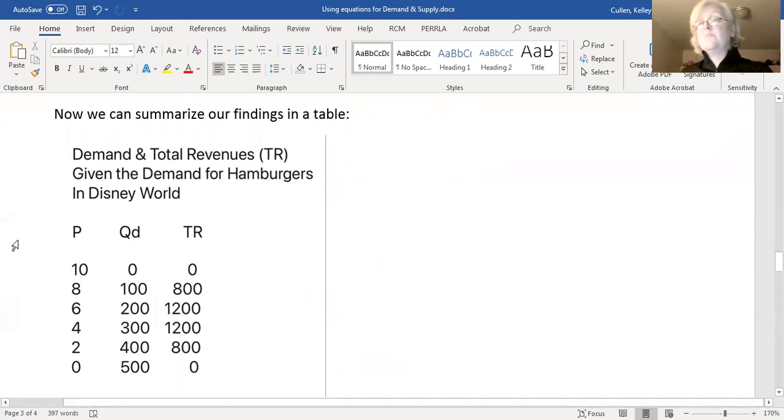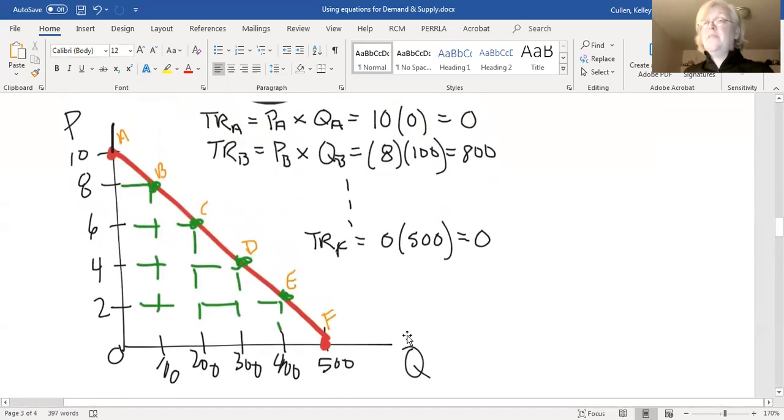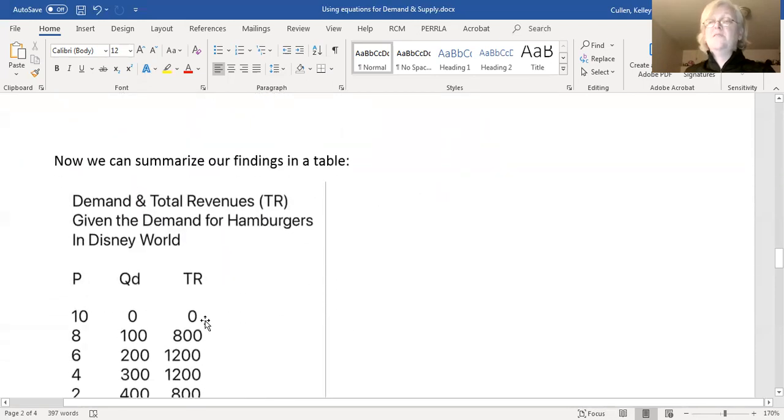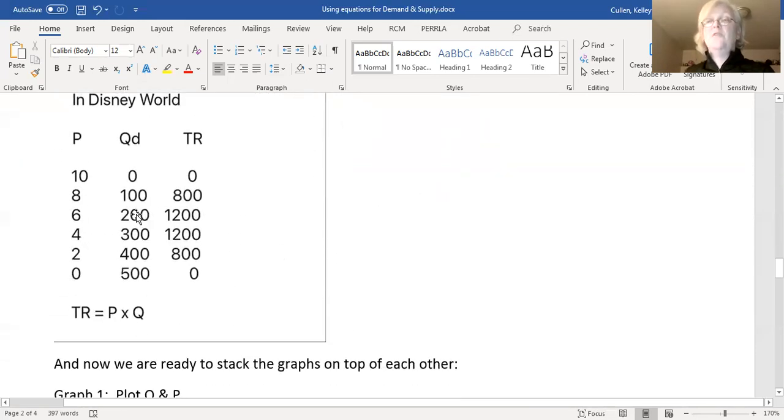In my table, I put all of my P's, the corresponding Q's, and then the total revenues. This table should look a heck of a lot like the table in the last lecture. If you've been following along loyally, and I appreciate those of you that are, you remember this. I'm taking those TRs and typing them in with the right Q's, and you'll get this.